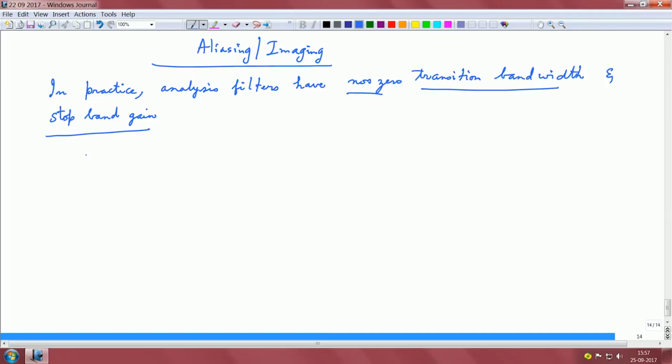Now, let us think about a few scenarios here. In one case, this is the same frequency at pi upon 2, let us say this is pi, this is 0, and this is my H naught of z, and this is my H1 of z.